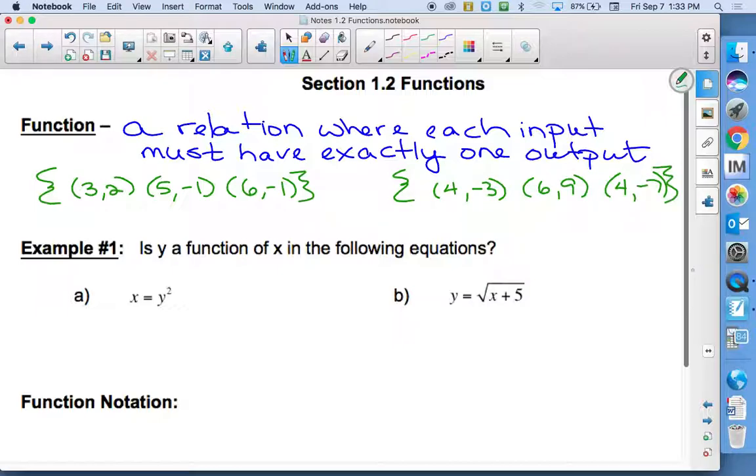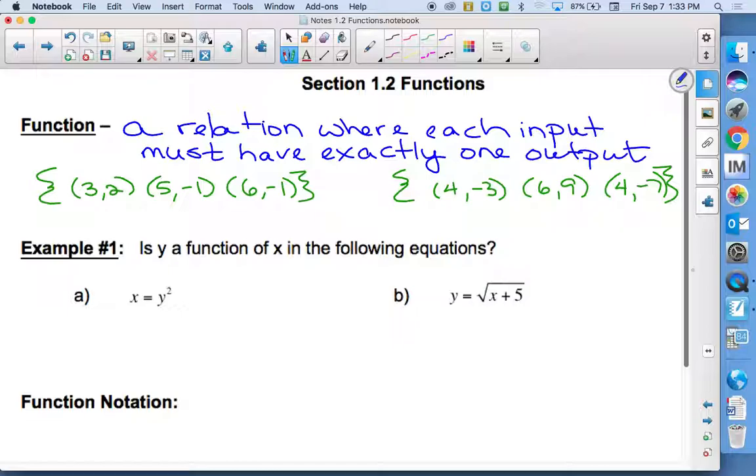And here's my second one. So a relation is as basic as a set of points, or a relation could be a really long and involved equation. Essentially anything is a relation, only certain things are functions. So between these two examples, which one of them is a function?